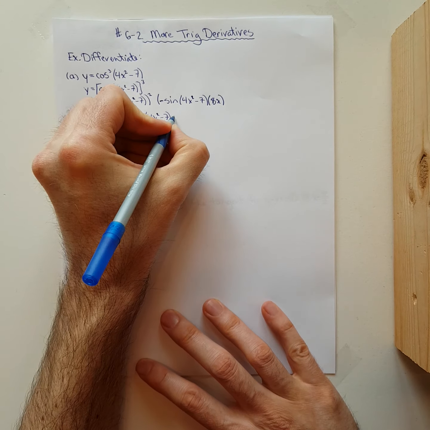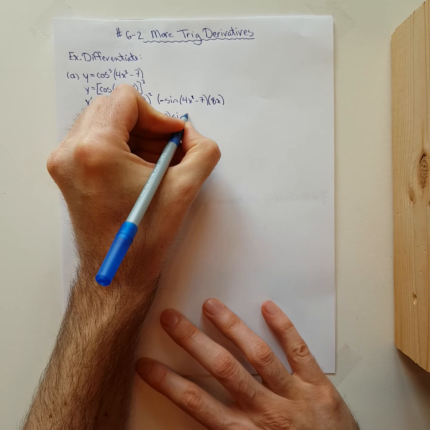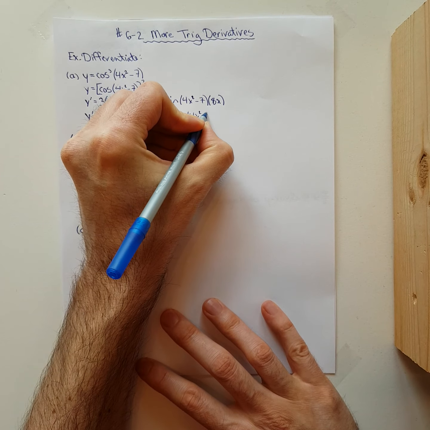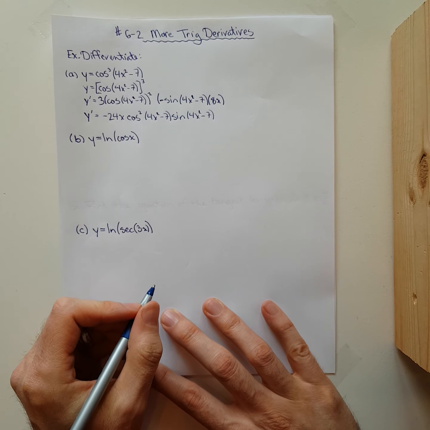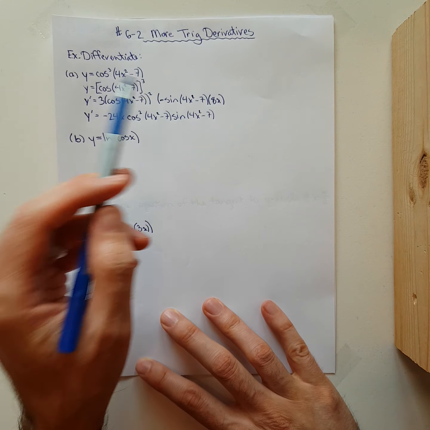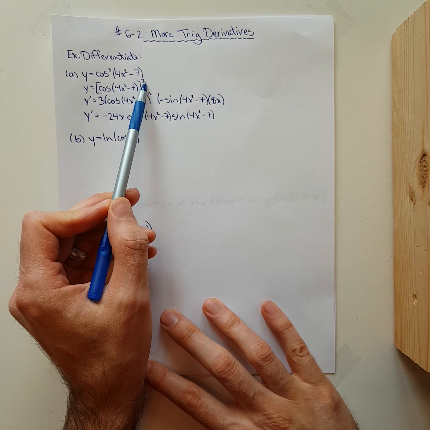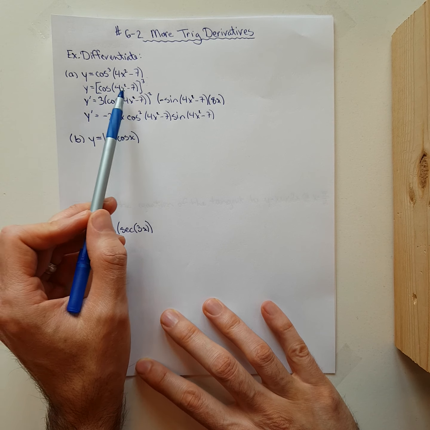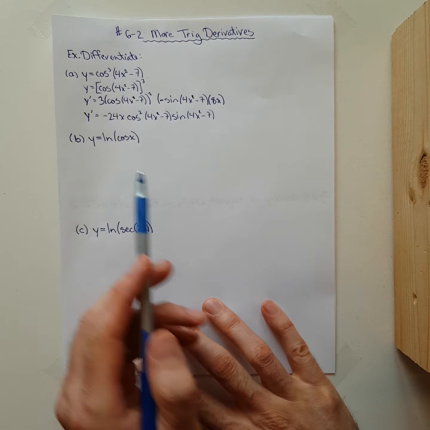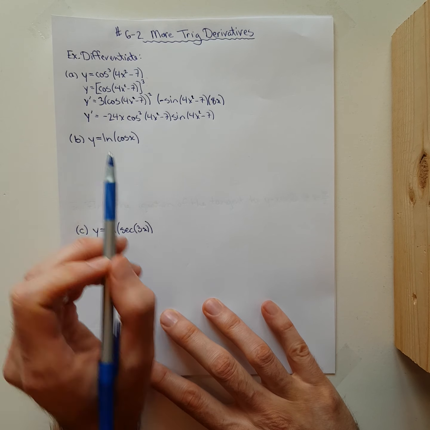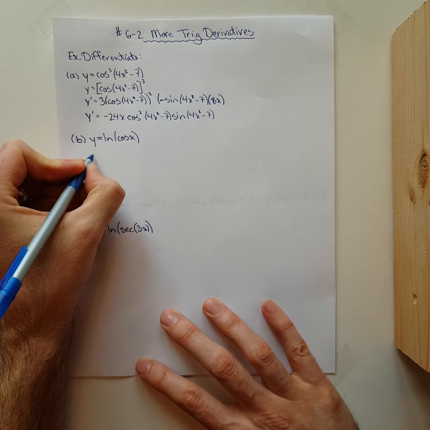And then I have the sine function. So we have sine of 4x squared minus 7. So here we have chain rule within chain rule within chain rule, and we just got to be careful as we do that. We always just start with the outermost function, and then we just slowly work our way to the inner function.